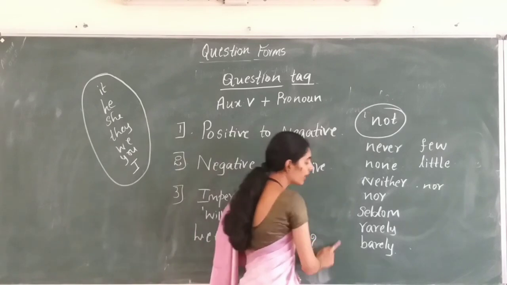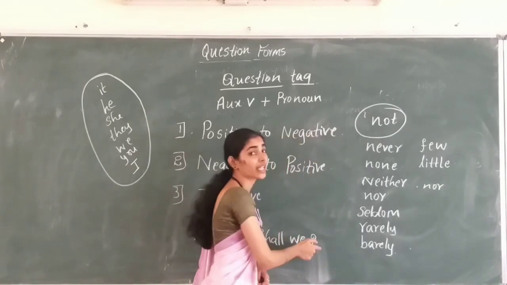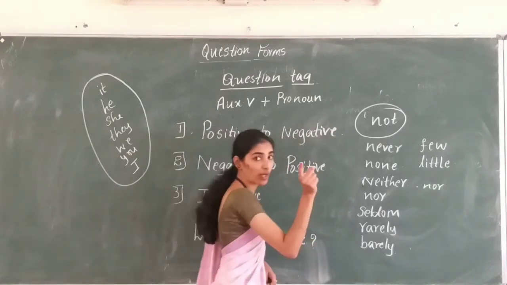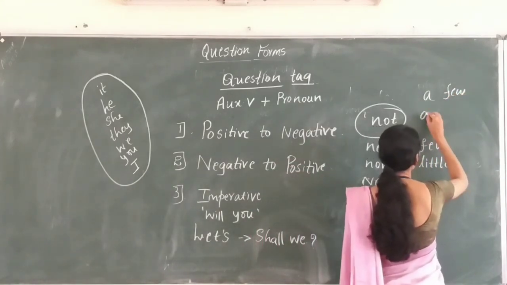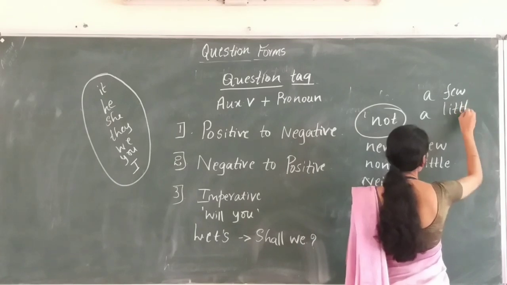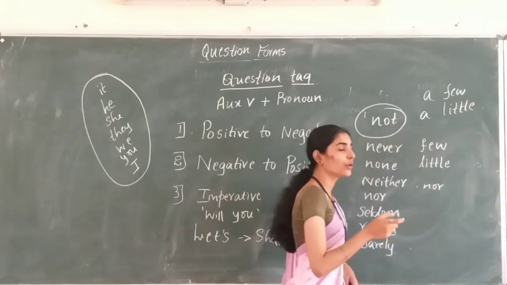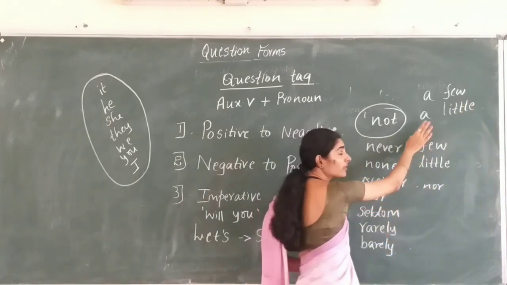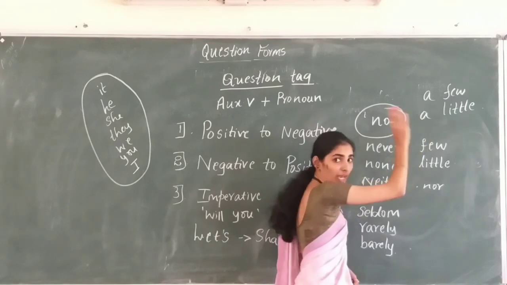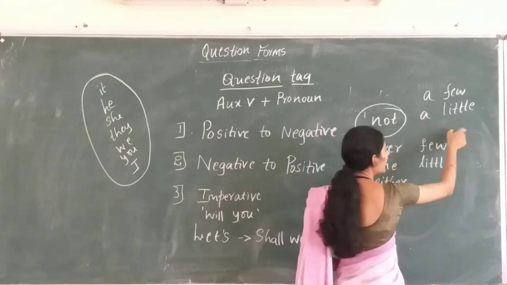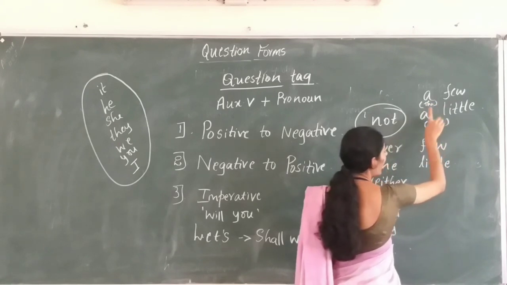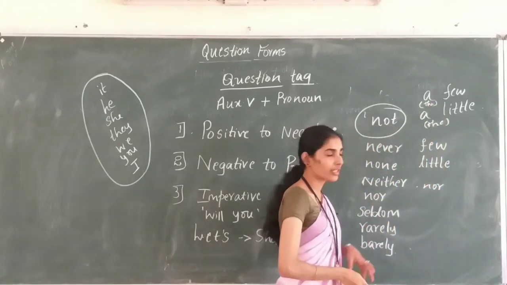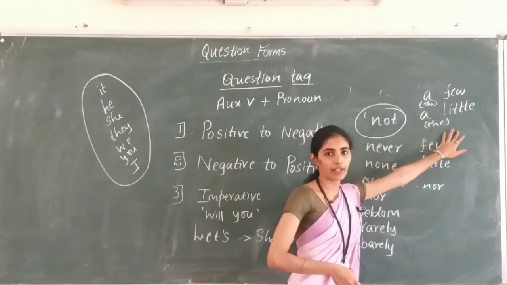Remember, all these words make the sentence negative. One more thing: if you find a few and a little, or the few, the little, then the sentence is positive, and the tag should be negative here.